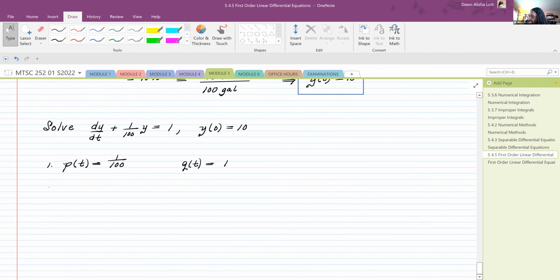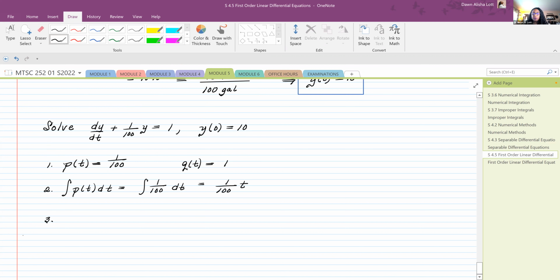All right, step 2. Integral of P of t dt. This is an easy one. Integral of 1/100 dt just becomes 1/100 t. Again, no constant needed.